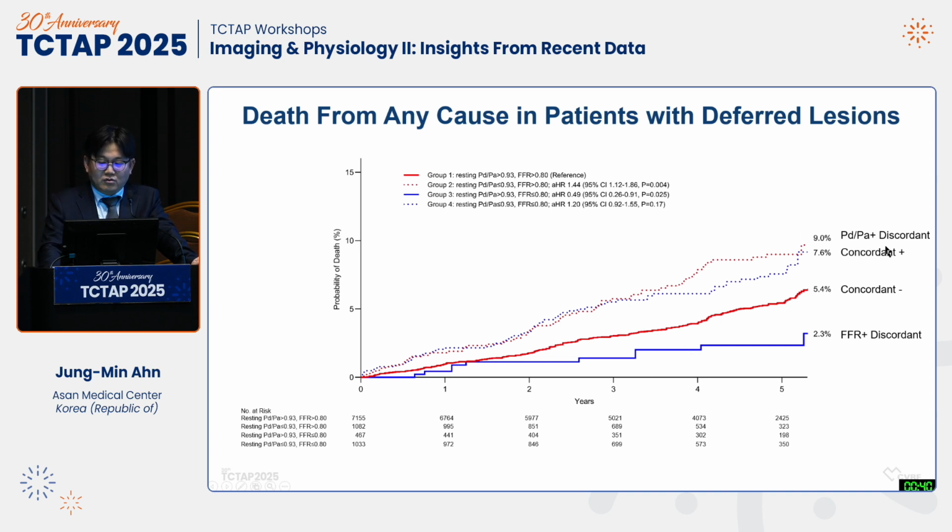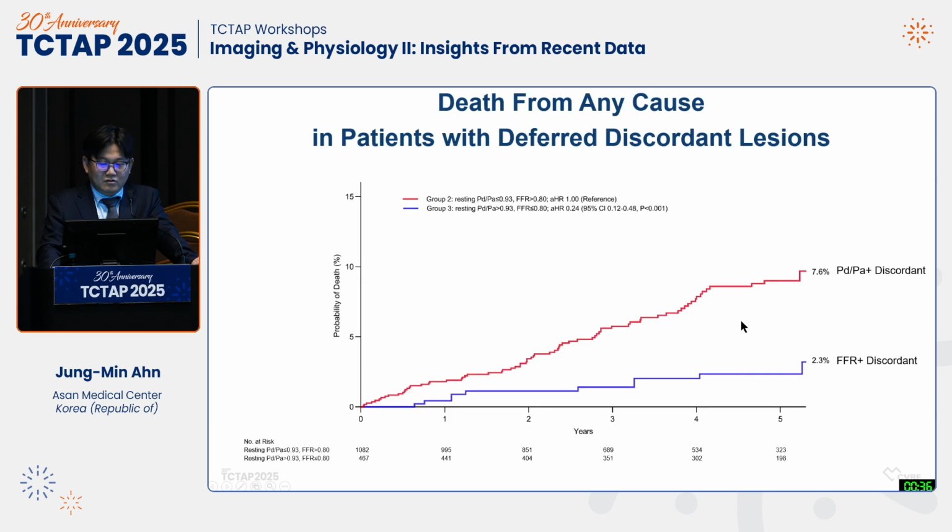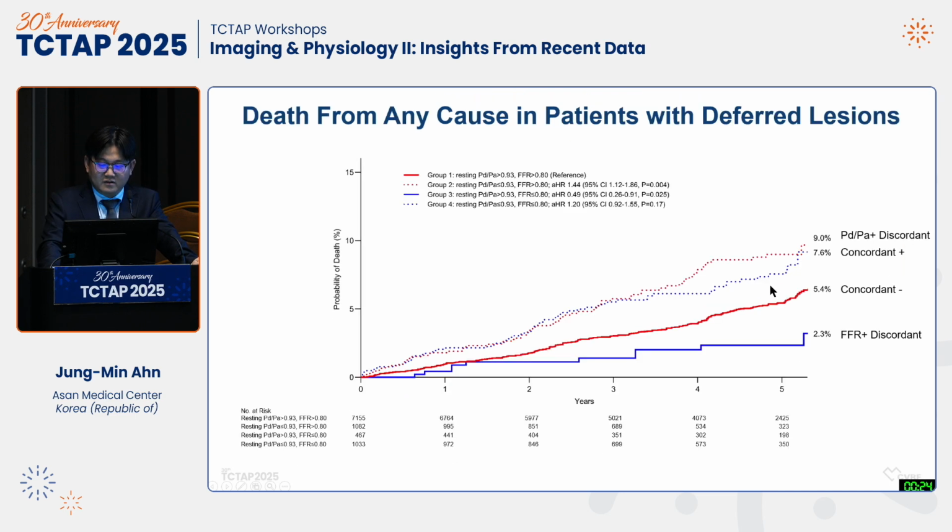PDPA positive discordant shows the highest mortality rate. Looking at the 2 discordant groups, FFR positive discordant is associated with very low mortality, but PDPA positive discordant is associated with very high mortality. Even FFR positive discordant shows better survival compared with concordant negative patients.